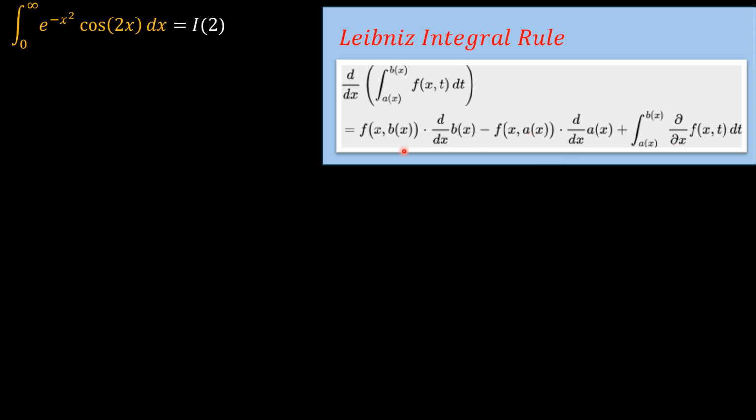Now, notice if b(x) and a(x) are constants, then these initial two terms collapse to 0. So we're just left with an integral of the partial derivative of the integrand with respect to x.